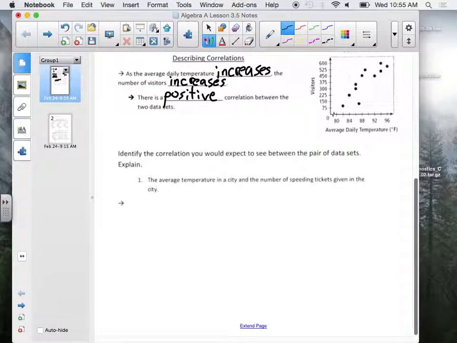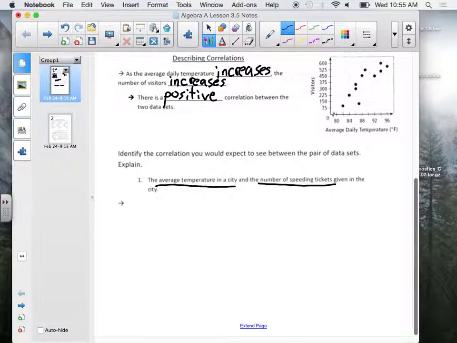All right, so next one. Identify the correlation you would expect to see between the pair of data sets and explain. Your example is the average temperature in a city and the number of speeding tickets given in the city. So your two variables are the number of speeding tickets and the average temperature.